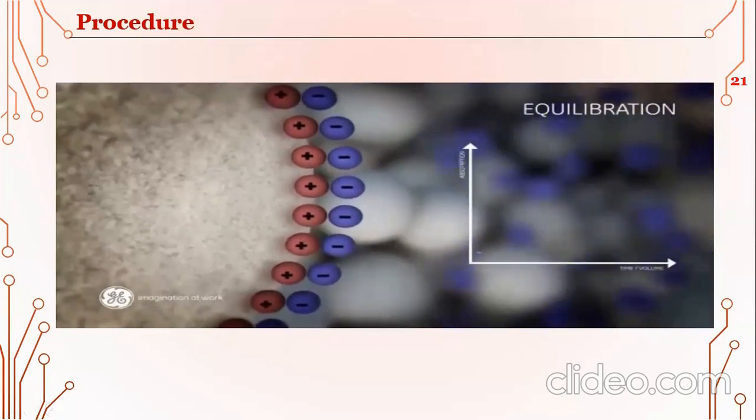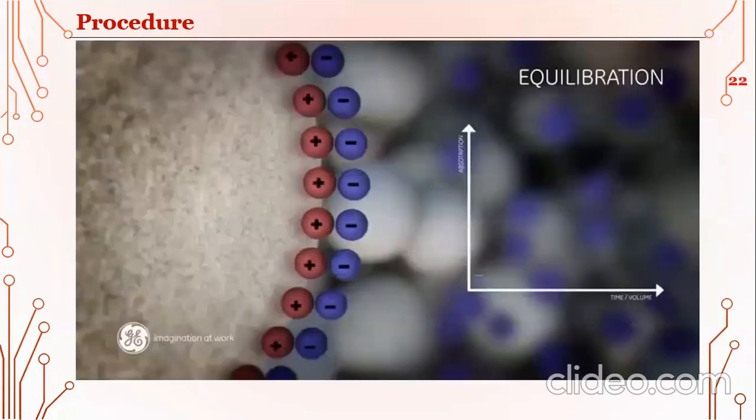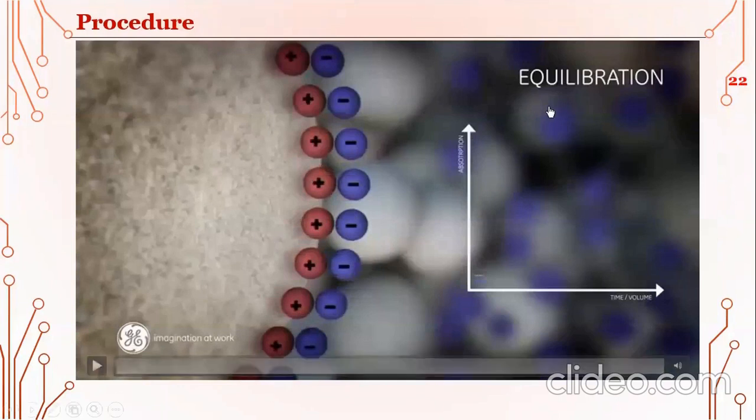So this is the first step of equilibration. Now at this stage we didn't use any sample. The negatively charged ones will bind there, so this will be anion exchangers, and this is the second step of the equilibration.